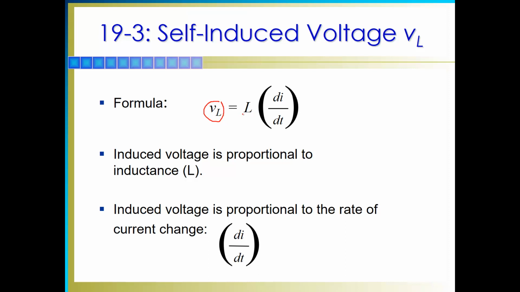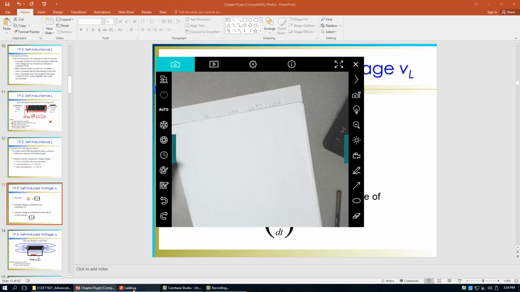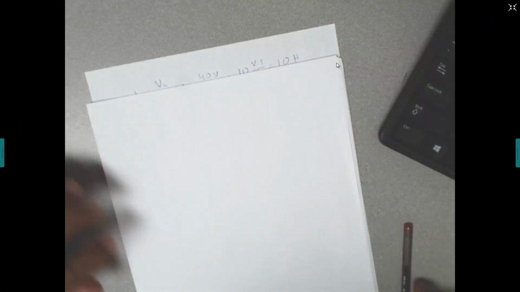All right, let me see if I can do it here on paper so you guys can see how this is. Some of you already have it, but let's see if we can do this. Remember the formula for the inductance, right?